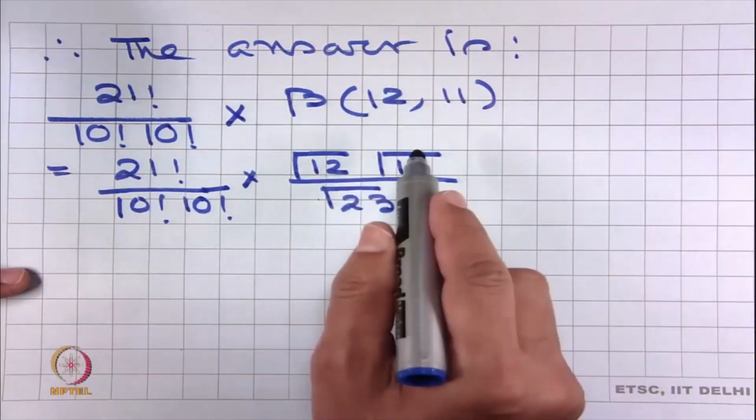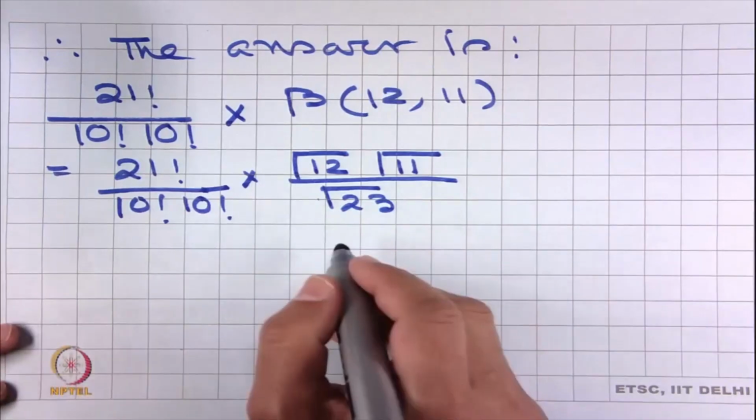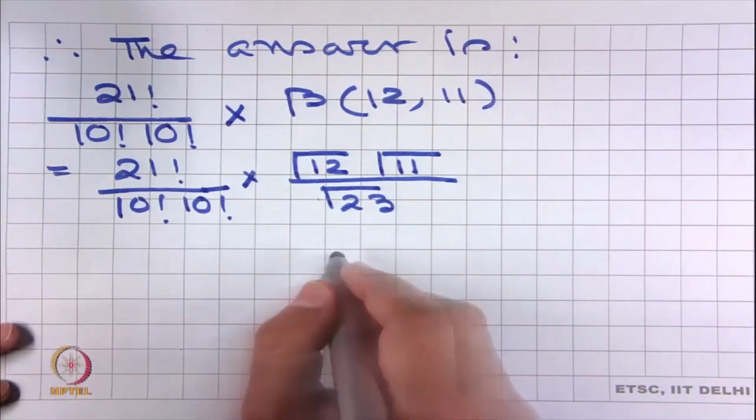Beta m comma n is gamma m gamma n upon gamma m plus n. We know that factorial n is equal to gamma n plus 1.